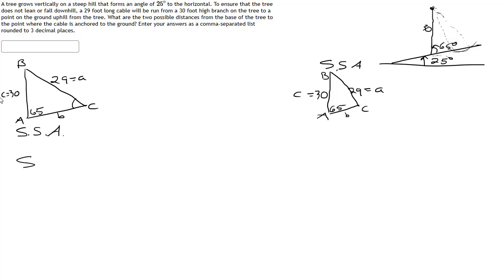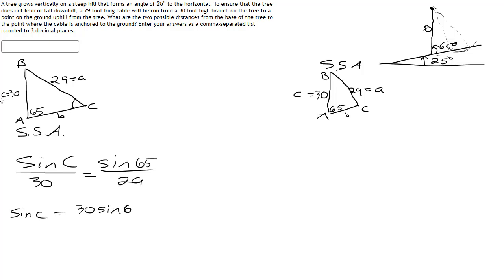So we know that sine of C, the thing we're looking for, over its side of 30 is going to equal the other ratio, right? Sine of 65 over 29. Or, right, to solve for sine of C, just equals 30 sine of 65 over 29.